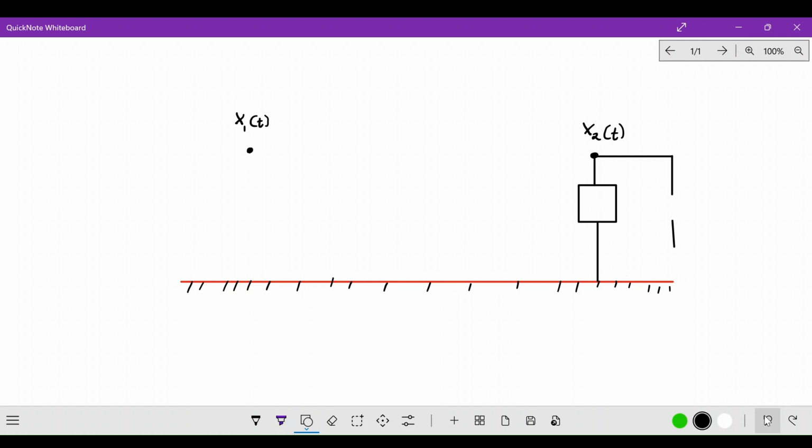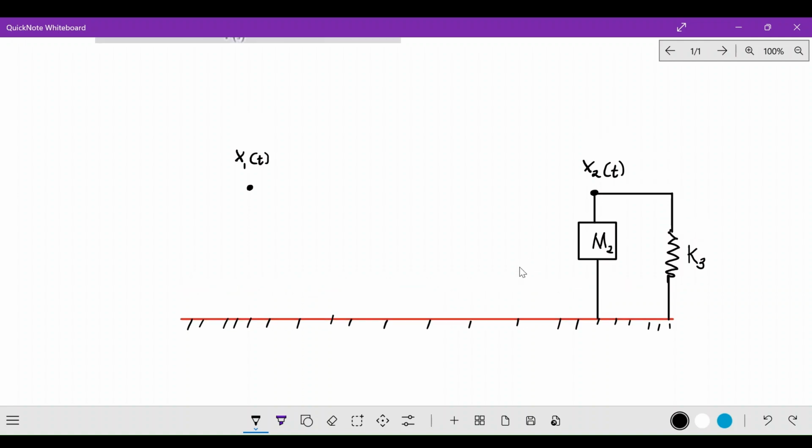This spring here has a spring constant K3. This is representing a spring for me, and this mass is M2.